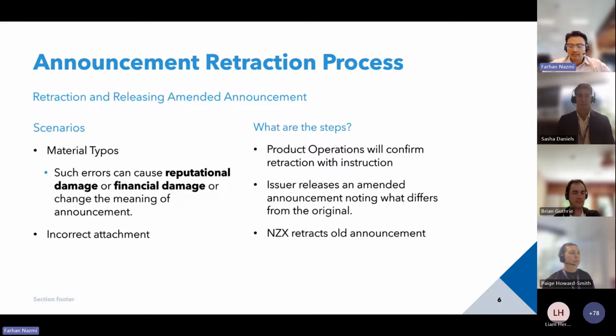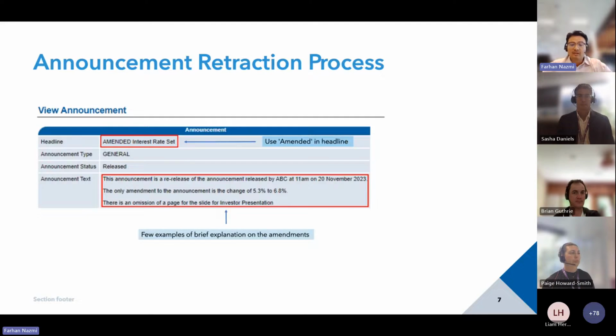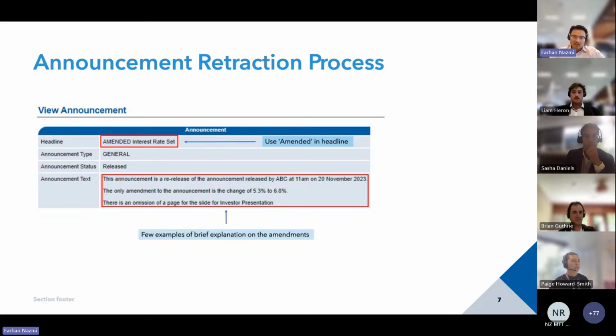Right, moving on to the next slide, which will be the example. How can we announce the amended announcement? First one is the headline. Always put "amended" in the headline, so it's going to be useful for the public. And then for the announcement text, I just put down a few examples and a brief explanation of the amendments.